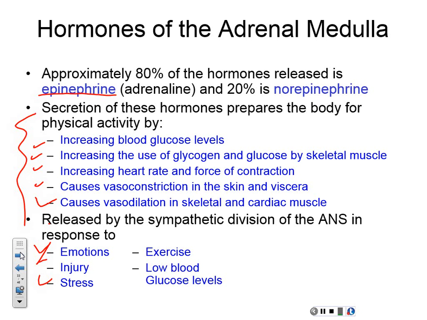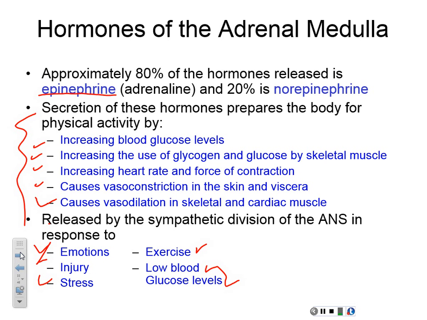So know the effects of epinephrine. I might just ask, what are the effects of the adrenal medulla hormones? That would be epinephrine, right? So you talk about fight or flight. I might just do that if I make it fancy, but it's not really fancy, because you know that the adrenal medulla produces epinephrine and norepinephrine.